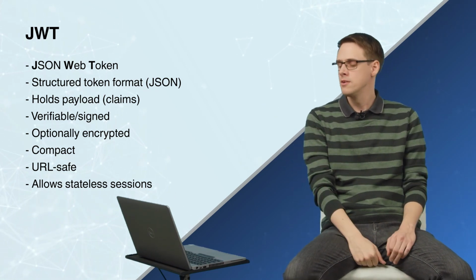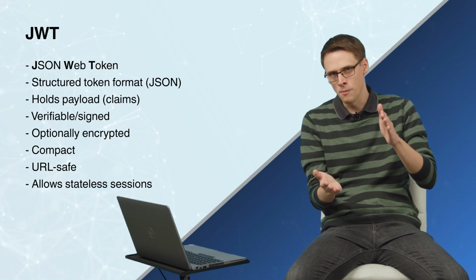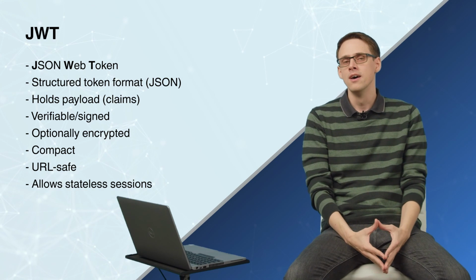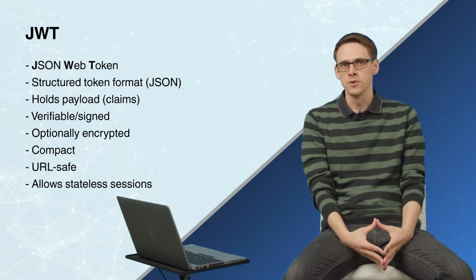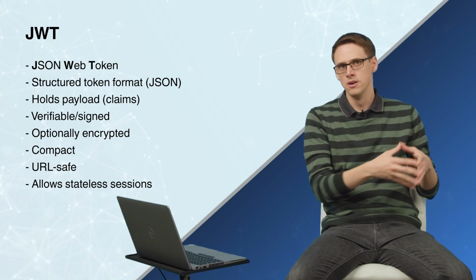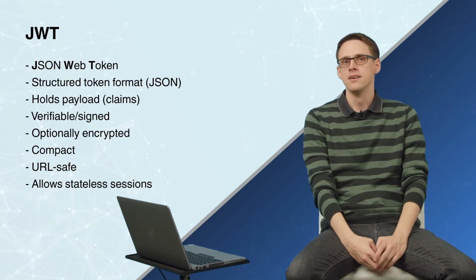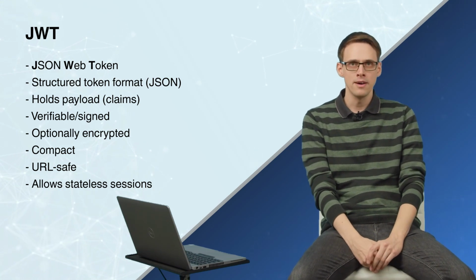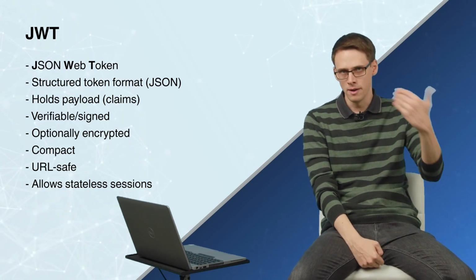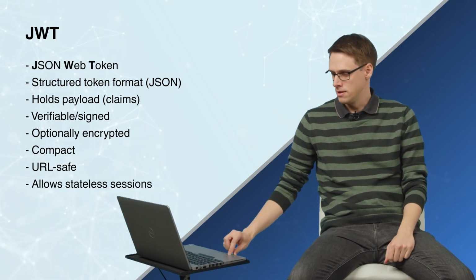With JWT, you can just put all the required data in. I mean, you shouldn't go overboard so the token doesn't get too long, but simple data you can put inside this payload and then have the client store it. So you, the server, don't need to store anything. You're getting a token from the client and you can verify it's correct. And then you don't need to do any lookups for this data because it's already there and verified.